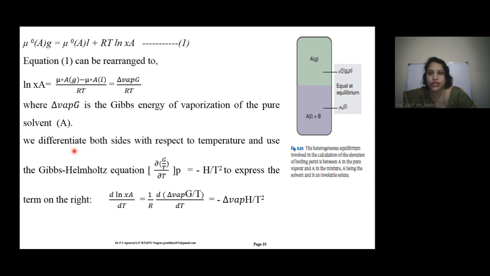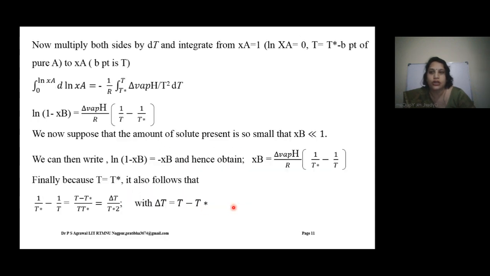Now, using the Gibbs-Helmholtz equation, we can find out its value, which can be kept here. Now, following some mathematical steps, multiplying both sides by dT, integrating it within the limits 0 to this and then T star to T, we will get such an expression.